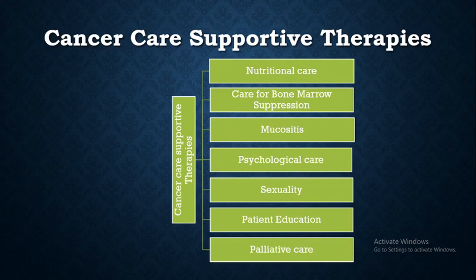First of all, we are concerned about nutritional care, one of the very important points here. Then we have care for bone marrow suppression. Then there are some other conditions, mucositis and the like. Then psychological care of the patients. Then sexuality. Then patient education and palliative care. Right. So let's move on.